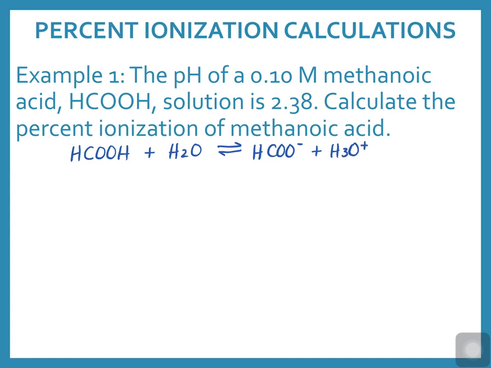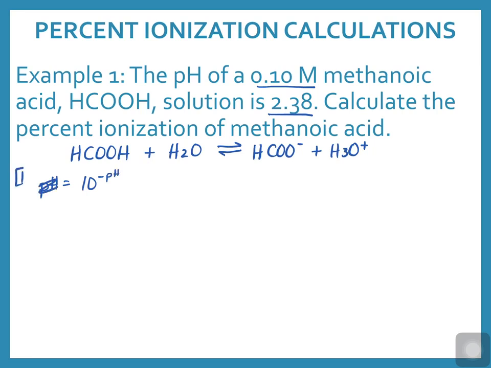So we know the starting concentration of methanoic acid, and we know the pH of the solution. If you remember from our last lesson, we learned that from pH we can calculate the hydronium ion concentration. So 10 to the negative pH.